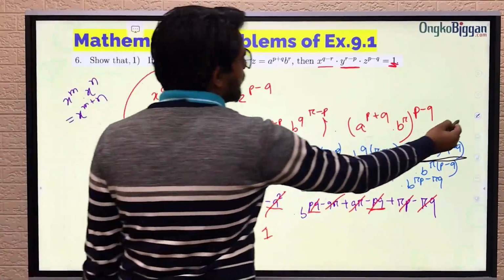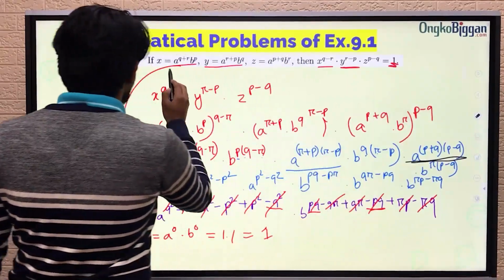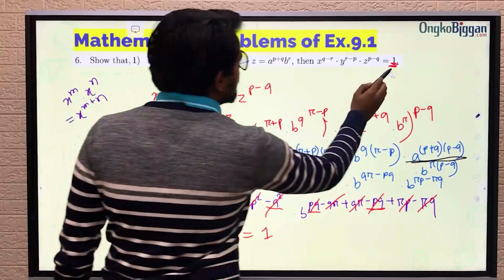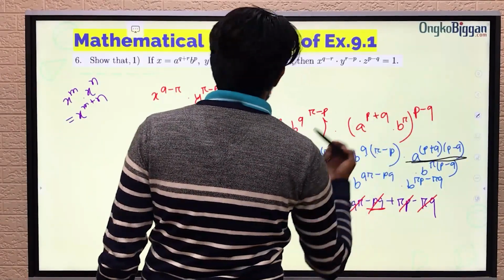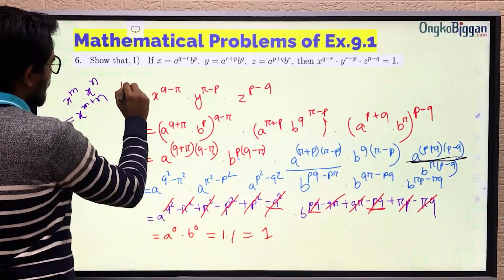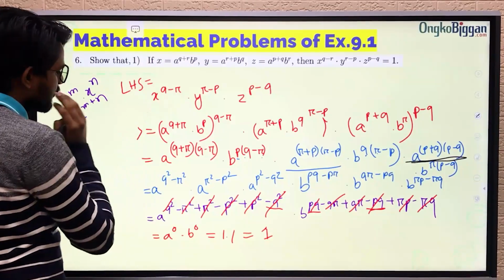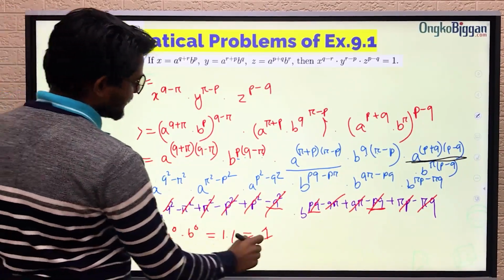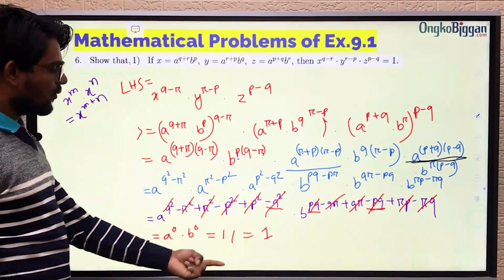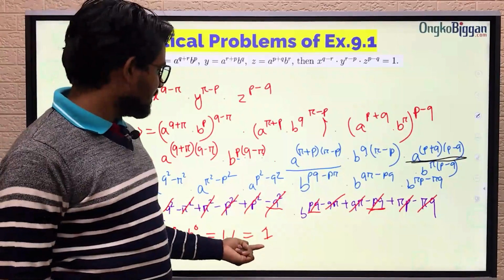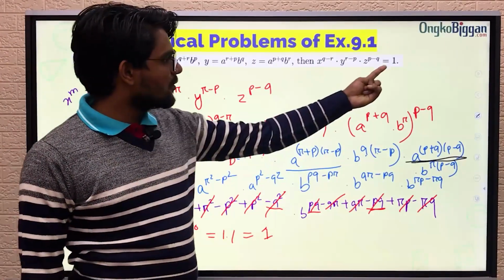Oh, actually I forgot to write left hand side. If you make the same mistake, I guess the teacher will be confused about what you are trying to prove. Okay, and that is equal to the 1 at the bottommost part, which is equal to the right hand side.